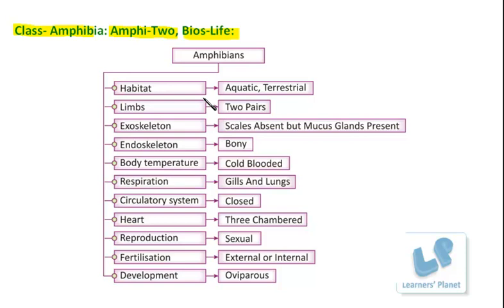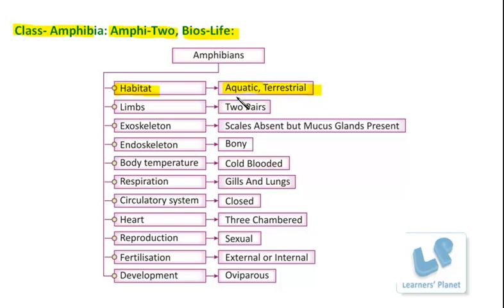They are adapted for different lives. When I say they have different habitats, what are these habitats? They live in aquatic regions as well as in terrestrial regions. So usually these organisms are adapted for both these lives, right?